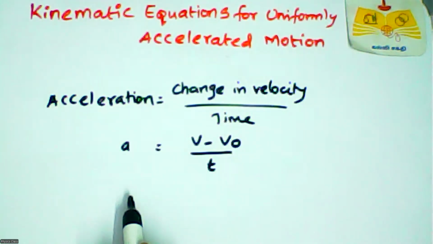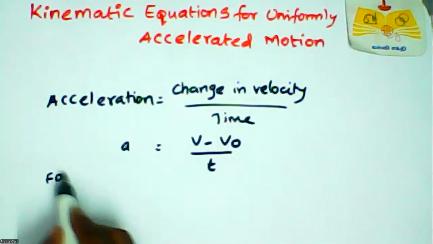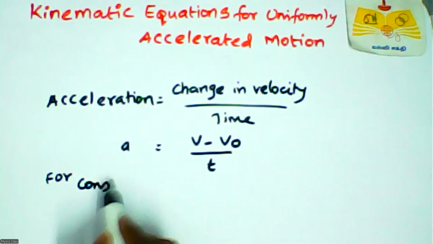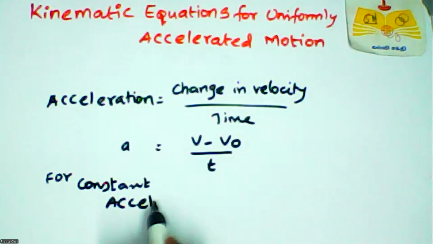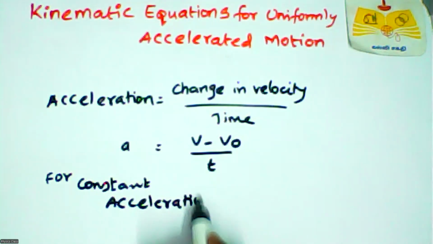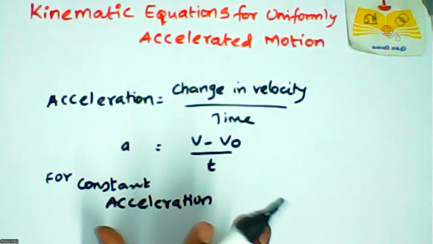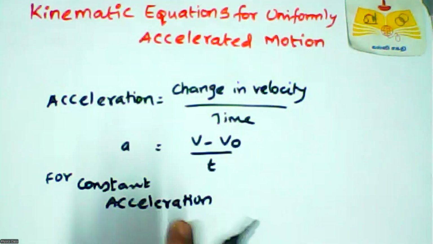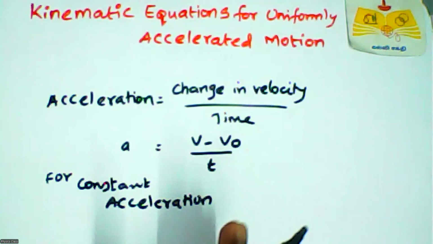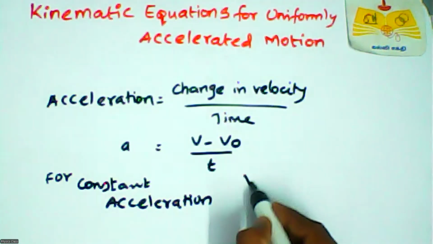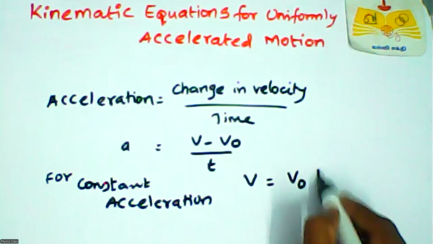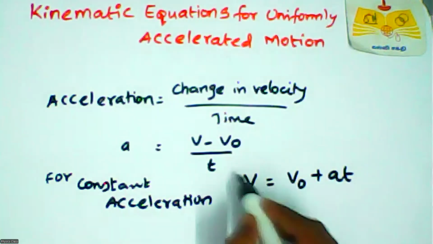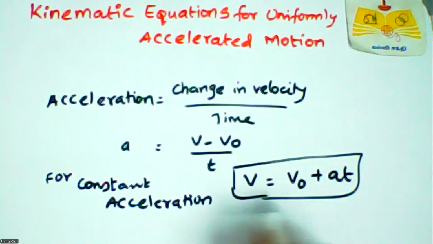For constant acceleration, acceleration does not change. So the final velocity V is V naught plus a into t. This is for constant acceleration.